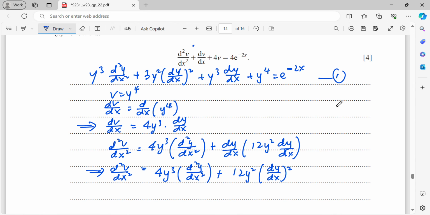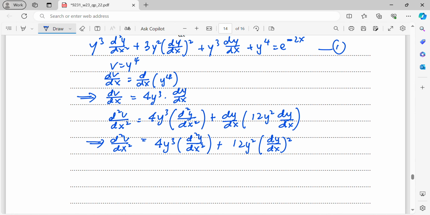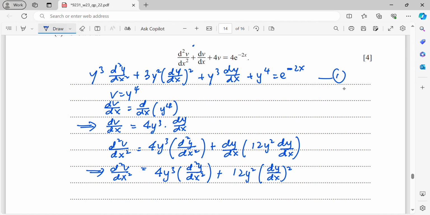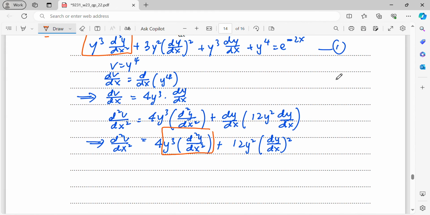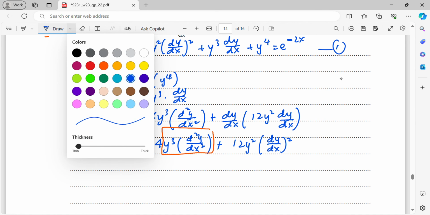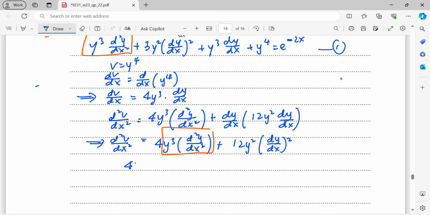Okay, so now I will substitute all this into my first equation. So look at the first equation. Basically, I need this. So I get my 4y cubed d squared y over dx squared equals to d squared v over dx squared minus 12y squared (dy over dx) squared.